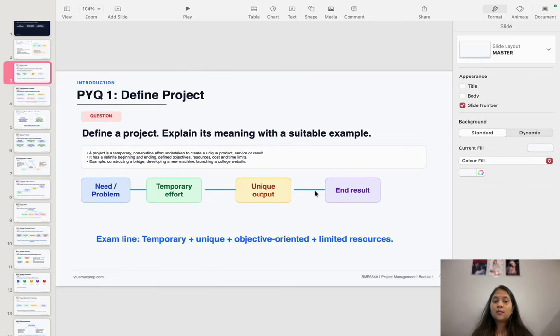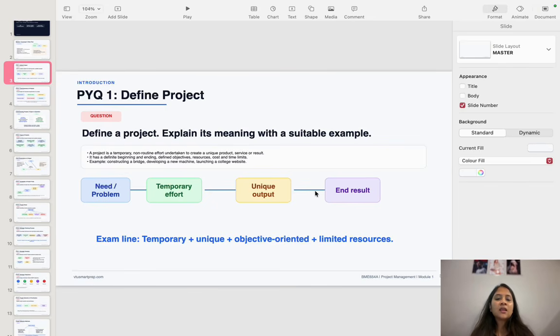For example, constructing a bridge, developing a new machine, launching a college website, or organizing a technical event are all projects.